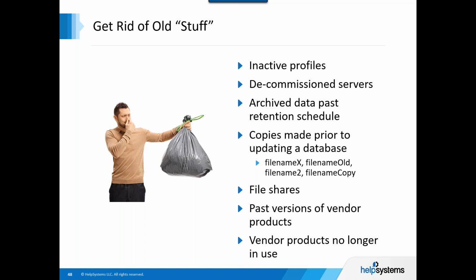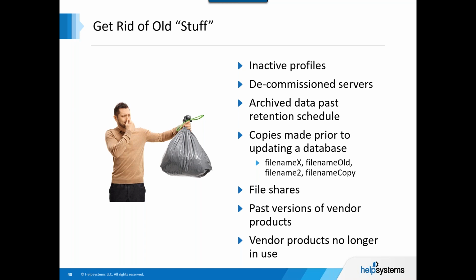So you want to get rid of old stuff, the inactive profiles. In your network, get rid of decommissioned servers. Don't let them stay on your system. Archive data past the retention schedule. This is something that is required by GDPR, to get rid of data that is past your retention schedule and no longer used. Same with PCI.